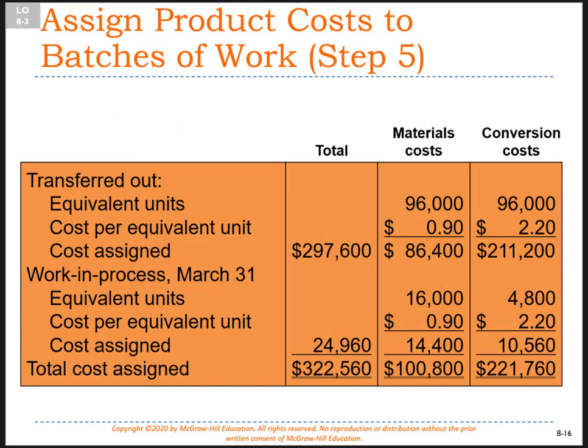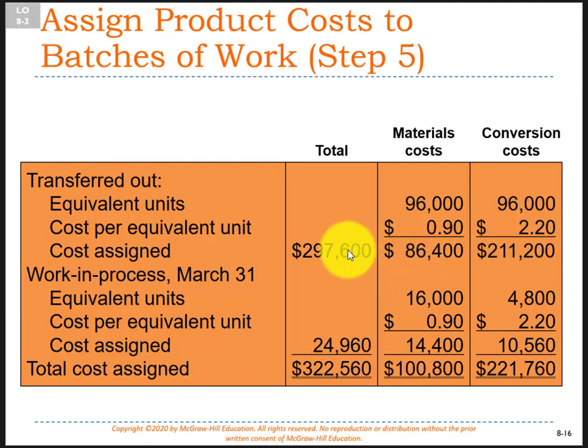So now we're getting ready to make a journal entry. We need what got transferred and what is still in work in process. Well, we know that 96,000 units were transferred, and we know that those 96,000 cost 90 cents for materials and $2.20 for conversion.